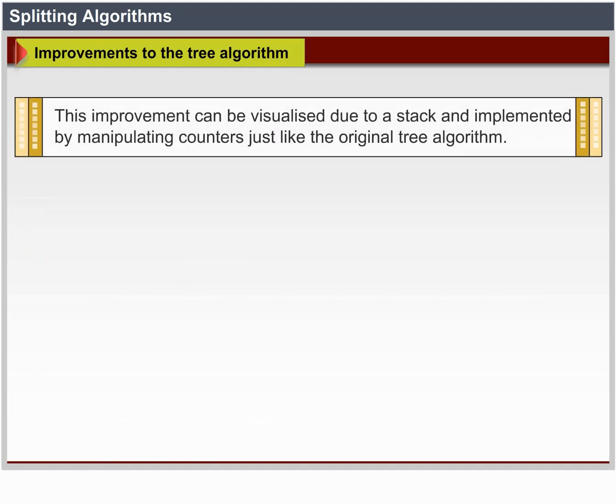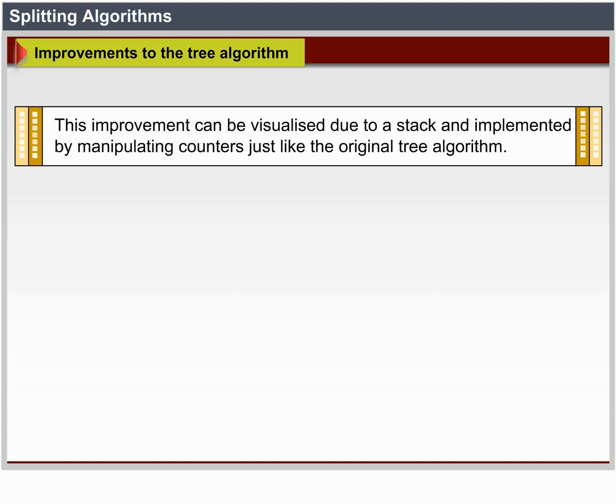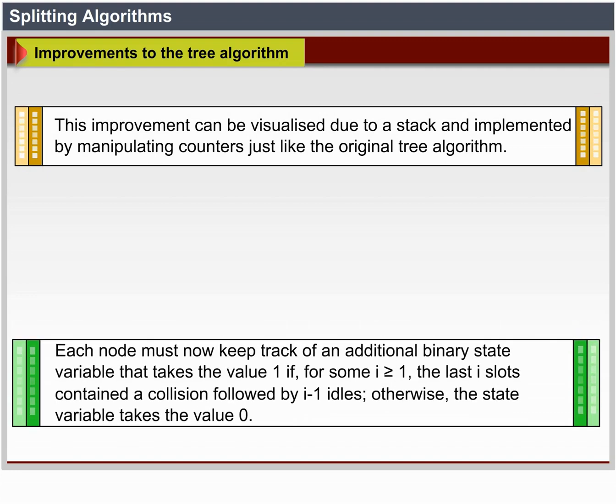This improvement can be visualized in terms of a stack and implemented by manipulating counters just like the original tree algorithm. Each node must now keep track of an additional binary state variable that takes the value 1 if, for some I greater than or equal to 1, the last I slots contained a collision followed by I minus 1 idles. Otherwise, the state variable takes the value 0.